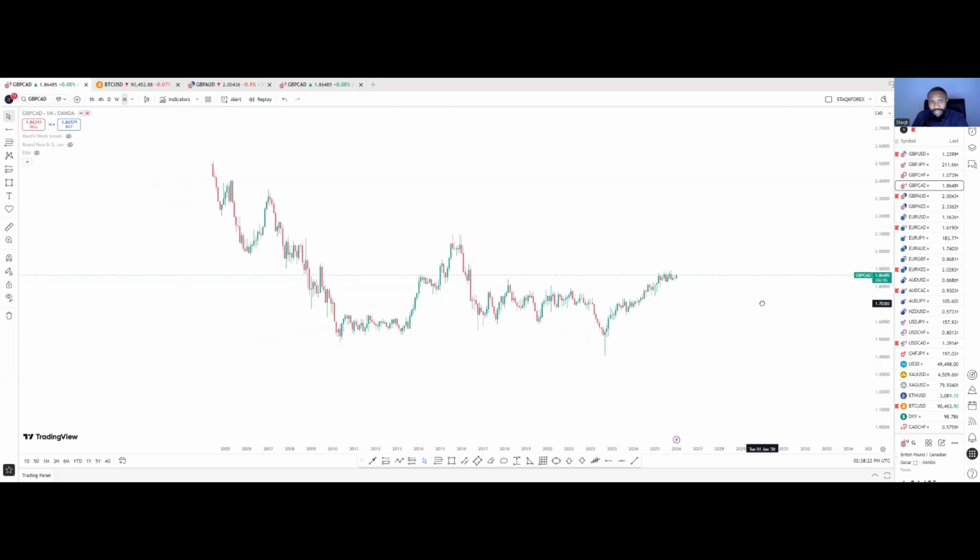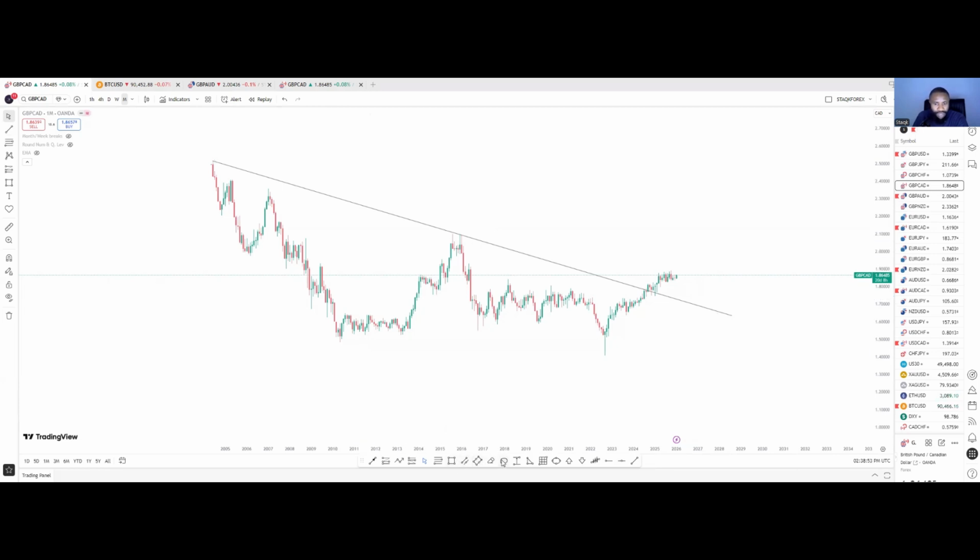So as you can see, this is what is happening on the GBPCAD. It seems like a mid-way range. But nevertheless, we have a trend line that was broken. This trend line that I just drew is a downtrend line, so many price was heading down.